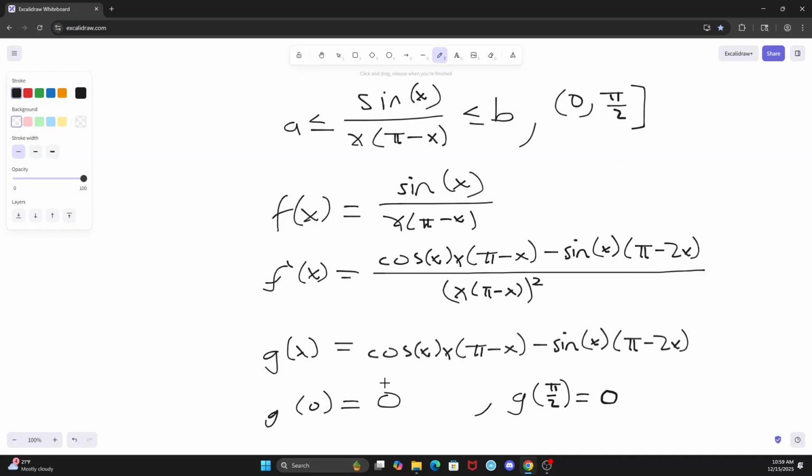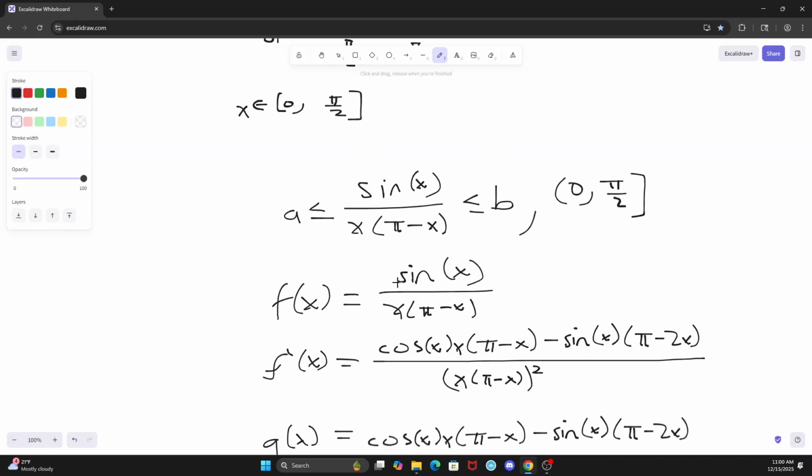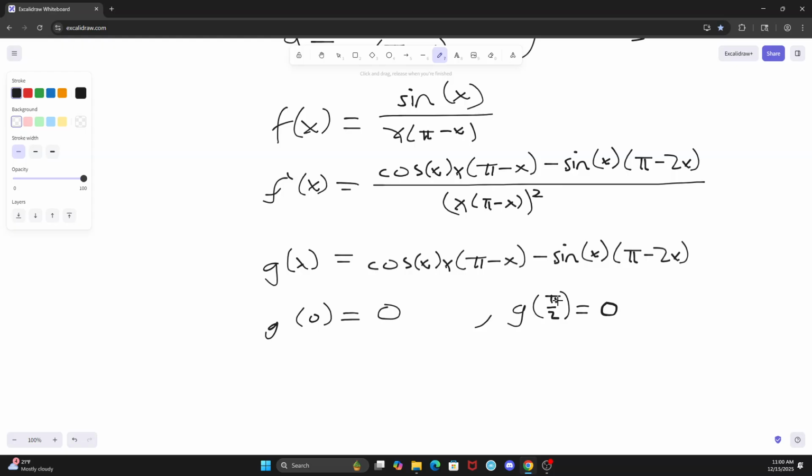So if g is completely positive on this interval, or at least non-negative, then we have that f prime is also always positive on this interval. And so f is always increasing. So we have that the minimum of f is at the limit as we approach 0, and the maximum of f is just at pi over 2. So if we can conclude that, that would be very nice to solve our problem.